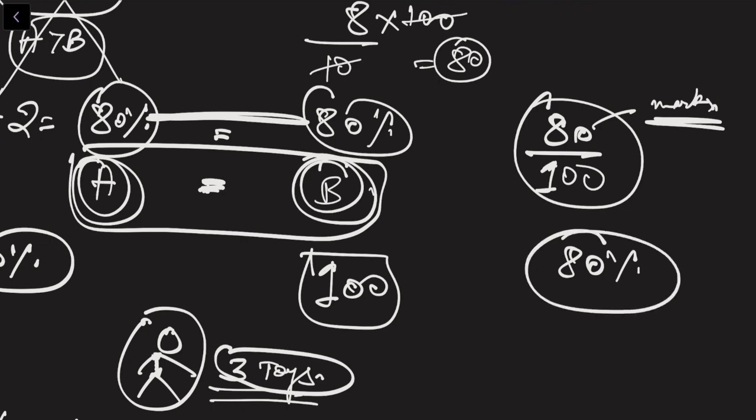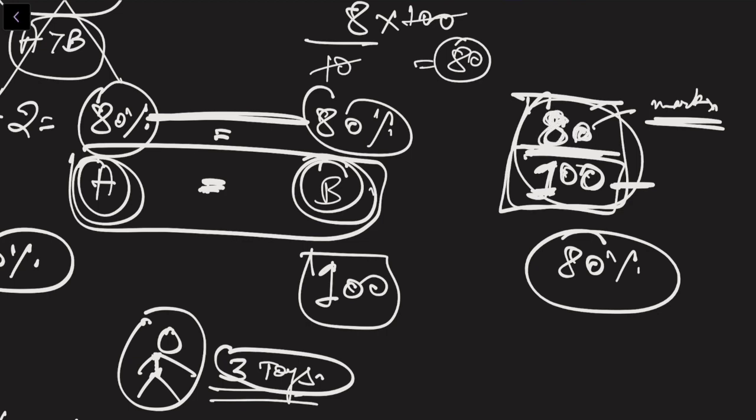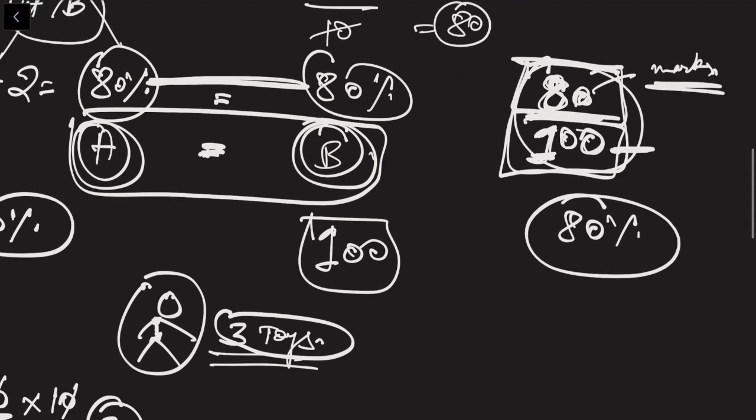Because see, per 100, 100 is in the denominator, so that means per 100. And how much? 80. With respect to 100 he has got 80 marks. So always we try to find out with respect to 100 in every question whenever the percentage is asked.